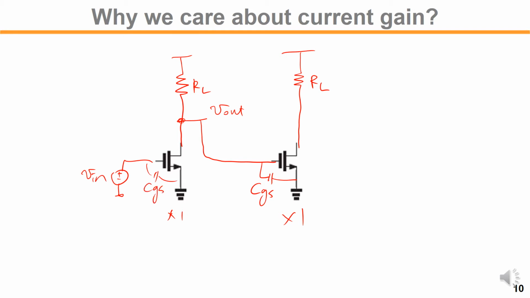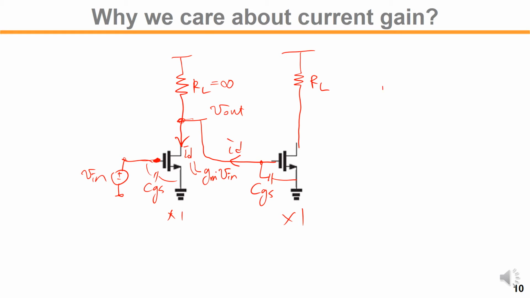Since we apply the ideal voltage here, whatever is set up here will flow as ID on the first stage output, that is equal to GM times V in. This current will eventually flow through the CGS at high frequency.